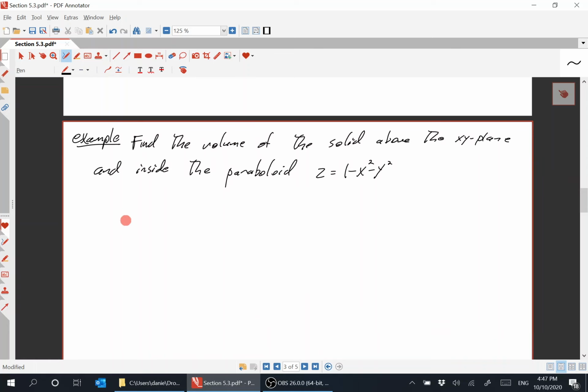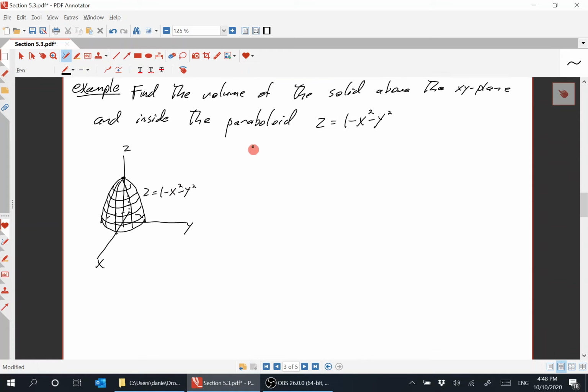A picture of this would be as follows. That's the paraboloid that we've been looking at quite often, but it's upside down in this case. It's facing down. Here's that paraboloid, and we're looking for the volume captured underneath it.